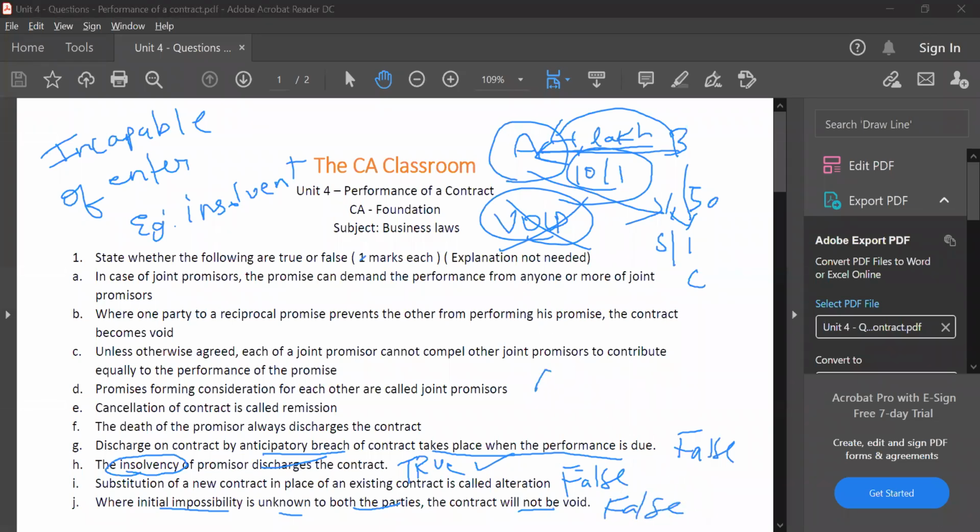Now, let's say A is asking B to swim across the Pacific Ocean within 24 hours. Can he do it? No. So it is impossible. B should know it is impossible, A should also know it is impossible. But if both are entering into a contract thinking it is possible, where the initial impossibility is unknown to both the parties, then the contract will be void.